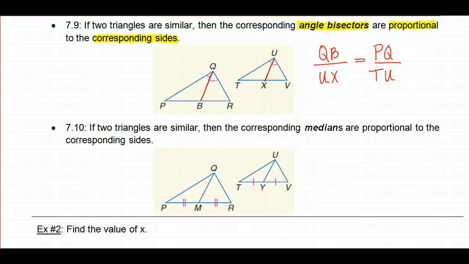We just have proportions. So we did altitude, we did angle bisectors. Next one is median. So we have the medians proportional to the sides. So raise your hand if you have that proportion. Give me an example of the proportion, Danny. QM over UI.